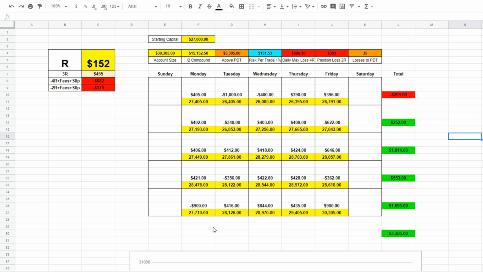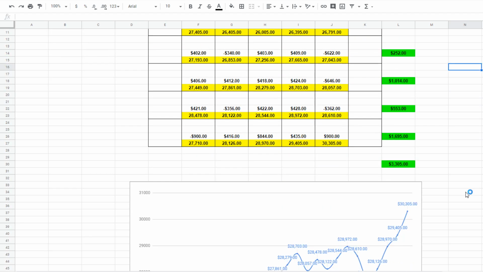And this is on a really, really basic 3R formula. In a lot of cases, for me, I'm making 4, 5, 6R per trade, and that heavily outperforms the drawdown. So when I have big days, when I have big weeks, those profits do add up huge. And then you do this over a couple different months, and that will grow your account very, very quickly.